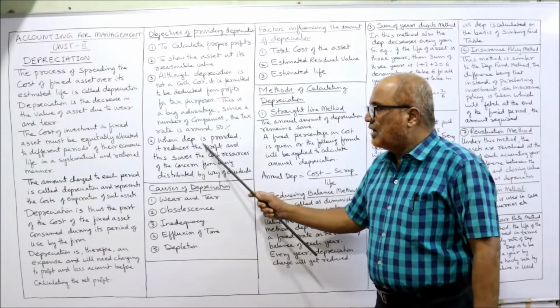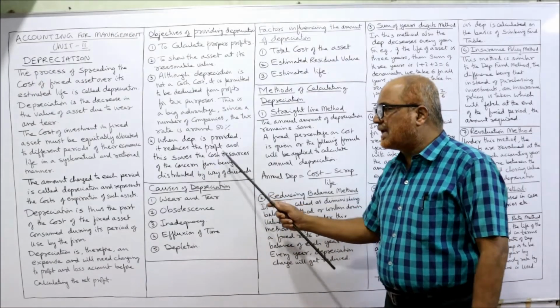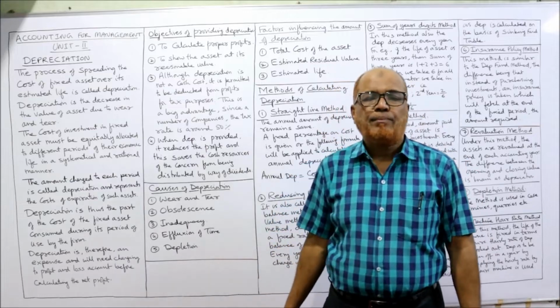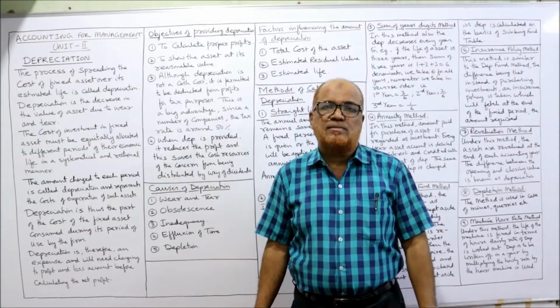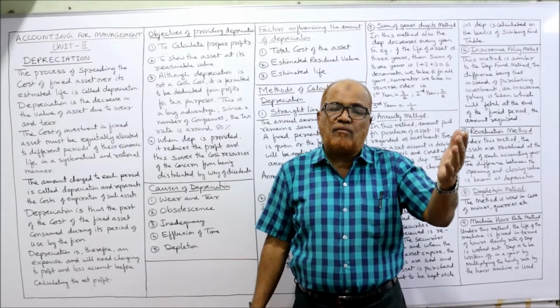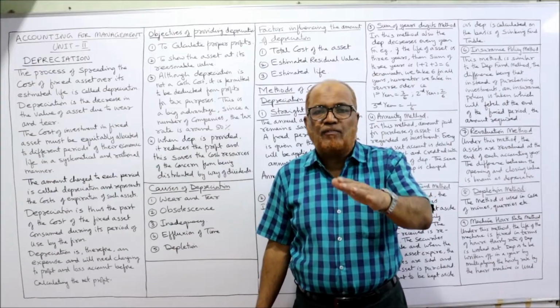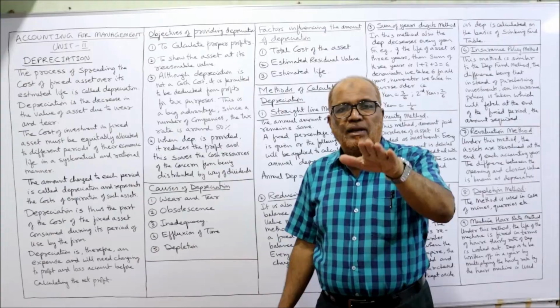Third, last one: when depreciation is provided, it reduces the profit. And this saves the cash resources of the concern from being distributed by way of dividend. A joint stock company has to pay dividend from the profits. If the company has more profits, more dividend has to be paid. If the company has less profit, less dividend. So by charging depreciation, the profit will be less.